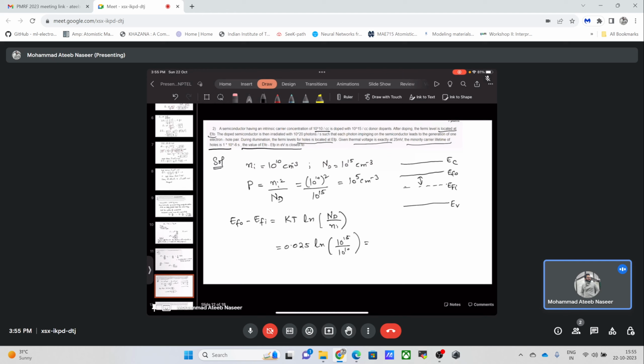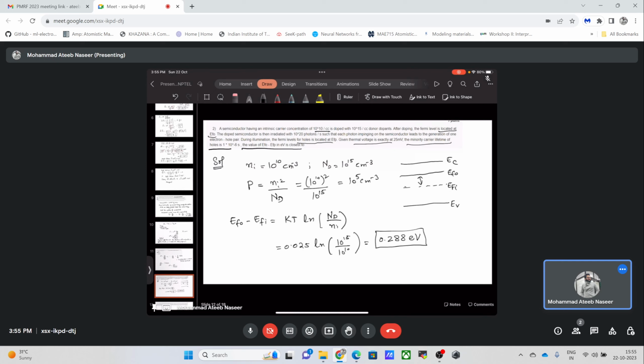So we have to calculate ln of 10 to the power of 5. Wait a second, let me open the calculator. ln of 10 to the power of 5 into 0.025 comes out to be 0.288. Since this is energy, it will be in electron volts.